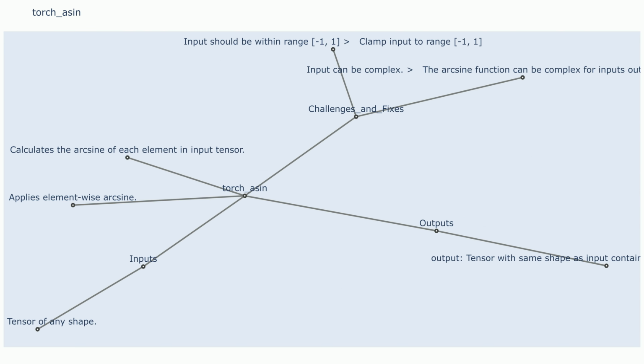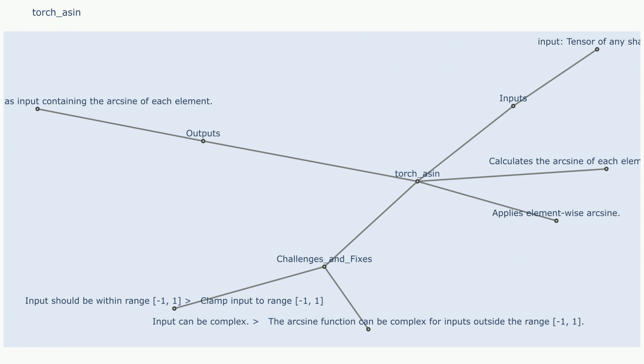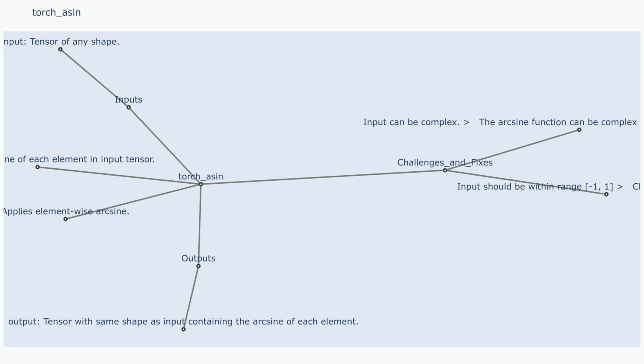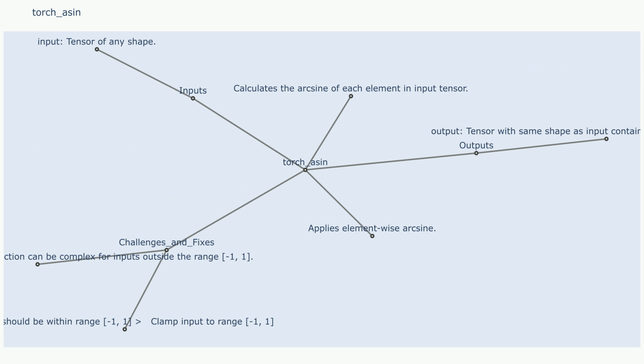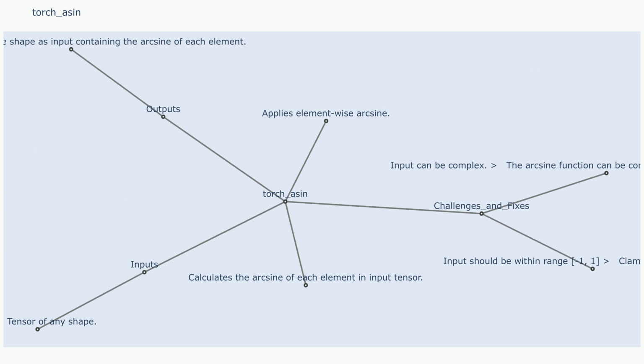torch.asin. Description: the torch.asin function calculates the element-wise inverse sine, arcsine, of a tensor. It returns a new tensor with the same shape as the input tensor, containing the arcsine values of each element. Inputs. Input 1: input tensor, a tensor containing the values for which to calculate the arcsine.